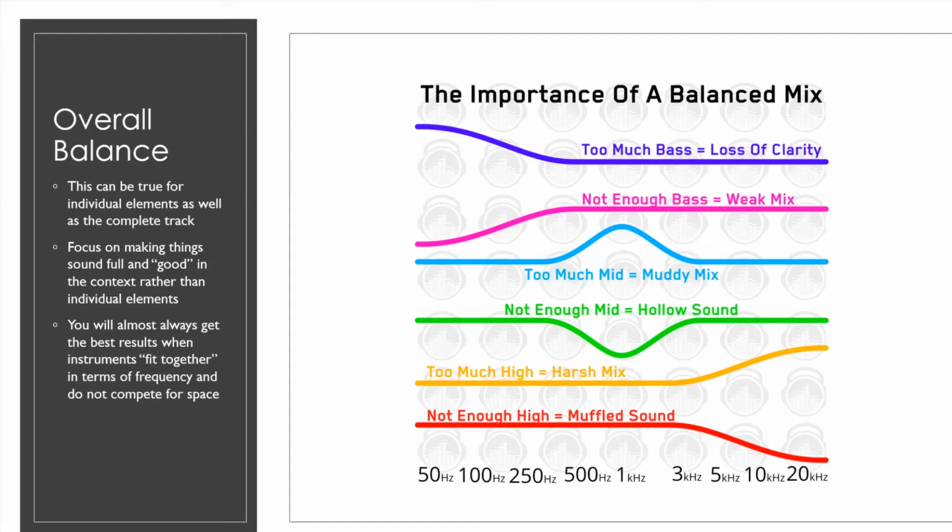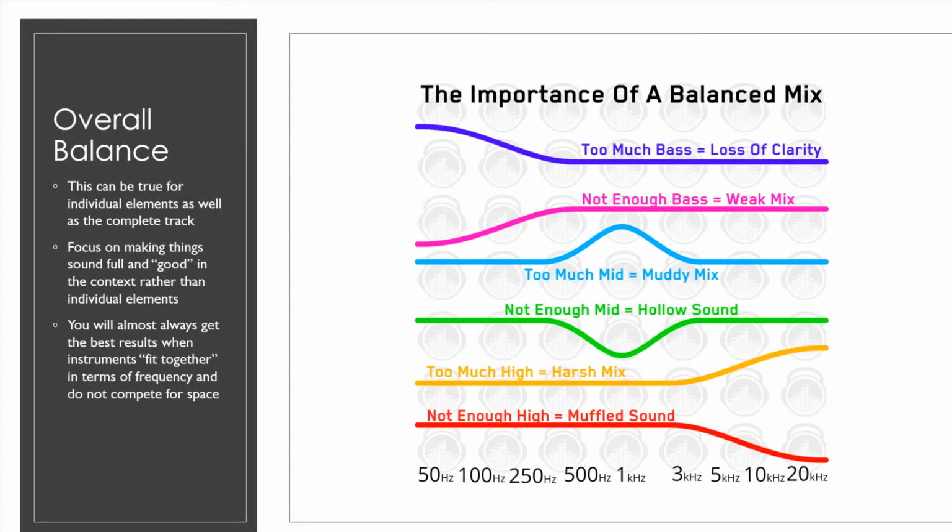But with that being said, I've been talking about individual elements so far, and ultimately we care about the overall mix. So many times when we hear an amazing, ridiculous guitar solo in a song, if we were to actually mute everything else and hear it on its own, we would think it was kind of lame and thin and just not good sounding.